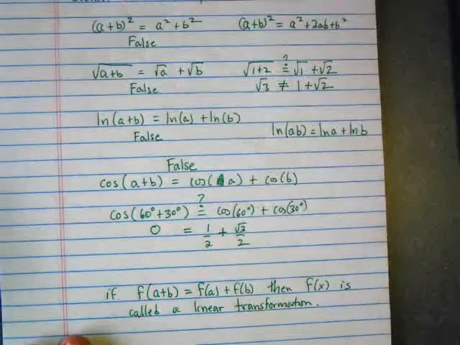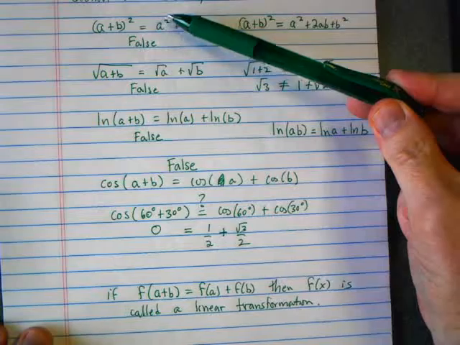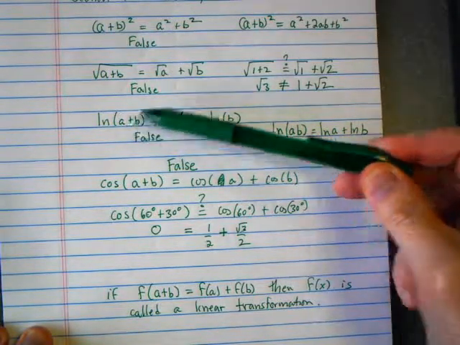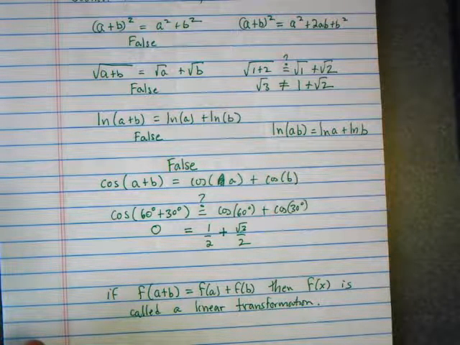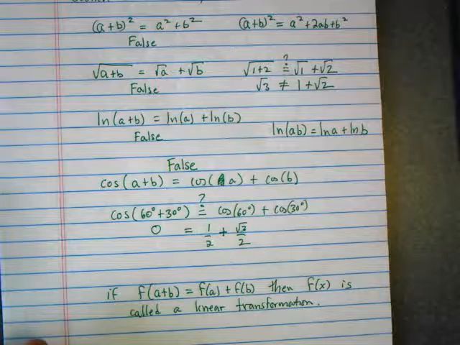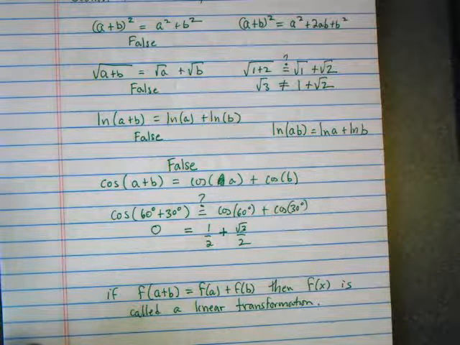All of these things that I wrote up here, squaring, square roots, ln, cosine, are any of those things what you would call linear? No, none of those things are linear, are they?